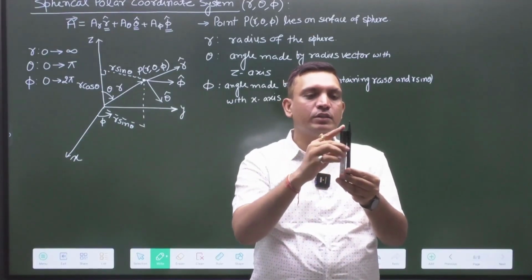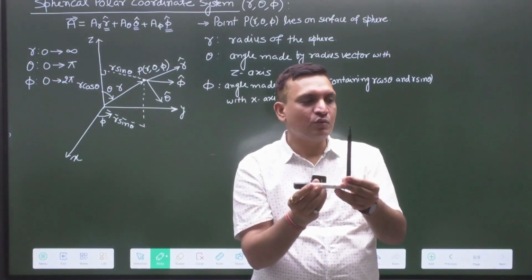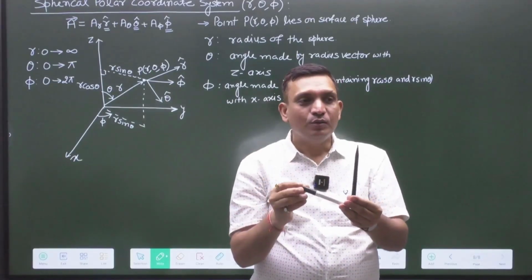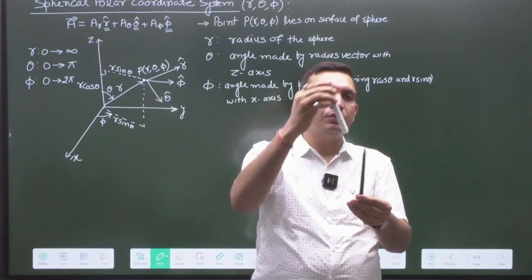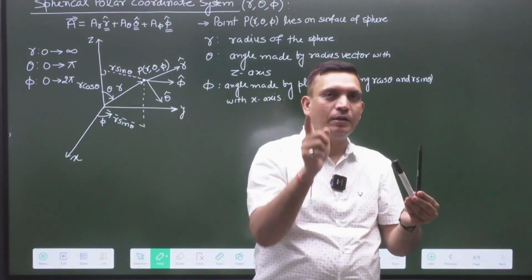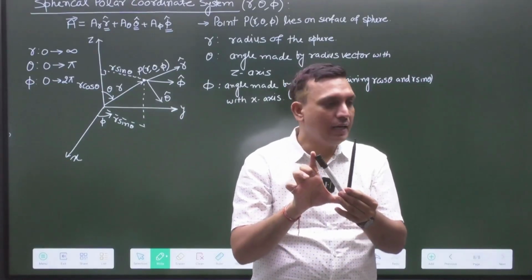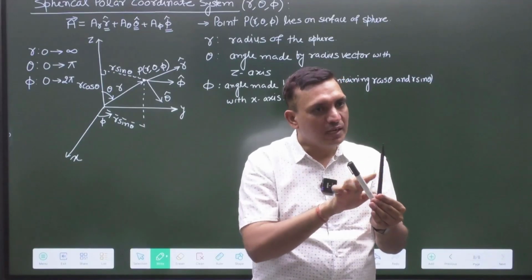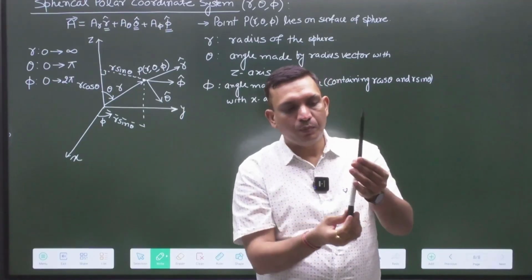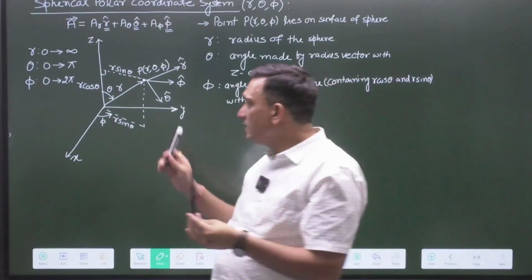When the radius vector is along z, theta is 0. When the radius vector is in the xy plane, theta is pi by 2. If you rotate this in the xy plane, theta is pi by 2. So in this symmetry, 0 to pi by 2, you can cover the upper hemisphere, all directions of theta. This is also theta, this is also theta. So you draw a cone, and all angles are theta. That is the symmetry of theta: the radius vector makes an angle theta with the z-axis. So that's why 0 to pi by 2 you will cover the upper hemisphere, and from pi by 2 to pi you will cover the lower hemisphere. That is the angle theta.